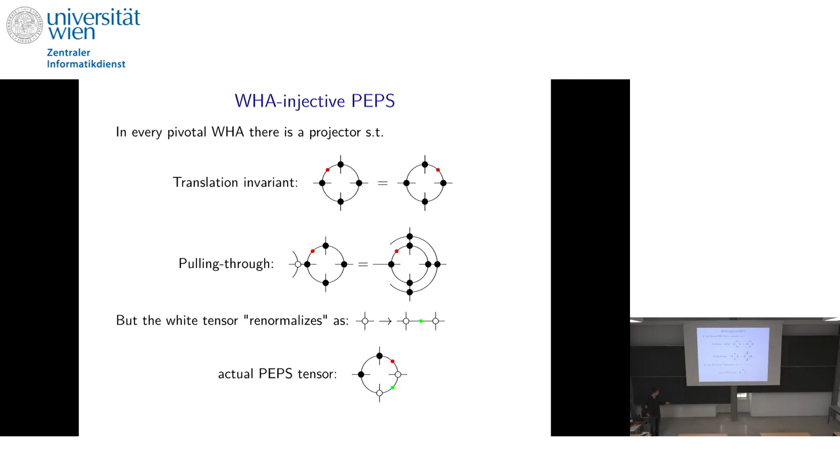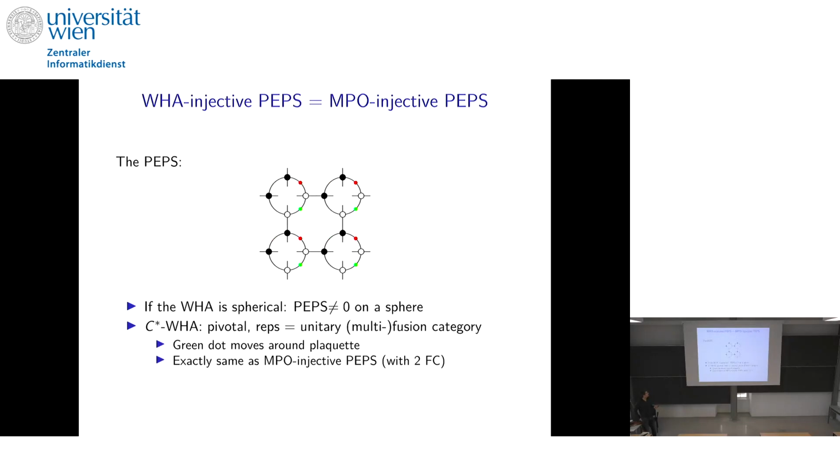And then there is this green dot here, simply because this Y tensor renormalizes funnily. With this you can create your Hopf algebra injective PEPS, and after a certain amount of work you can convince yourself that it's exactly the same as the traditional MPO-injective PEPS defined by other people.